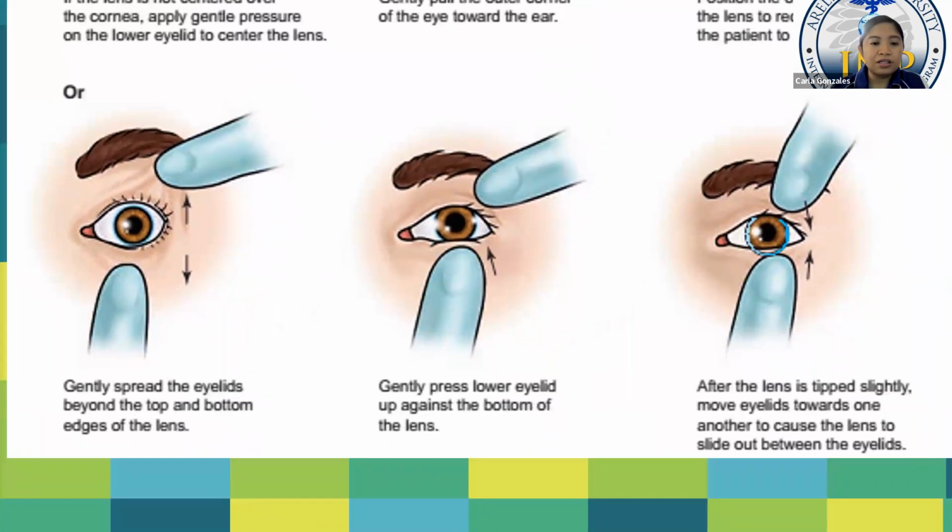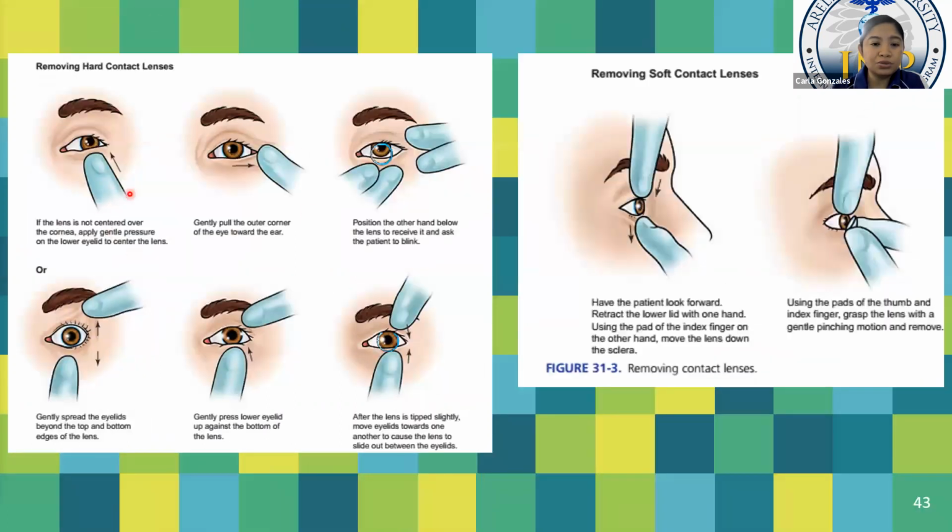You start by spreading the eyelids and then you put pressure on the lower lid also to push forward the contact lens. In both procedures, you see that the nurse is wearing clean gloves. Same thing for this one.